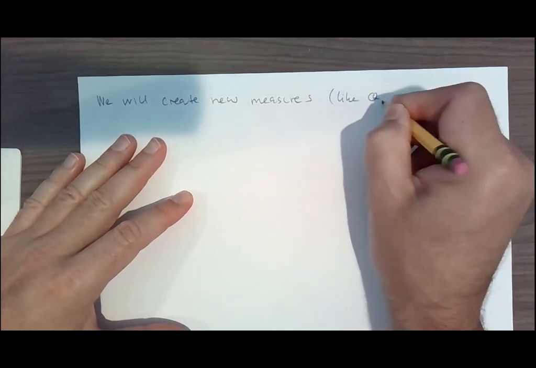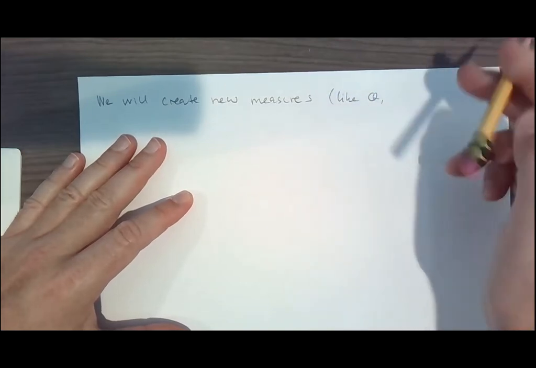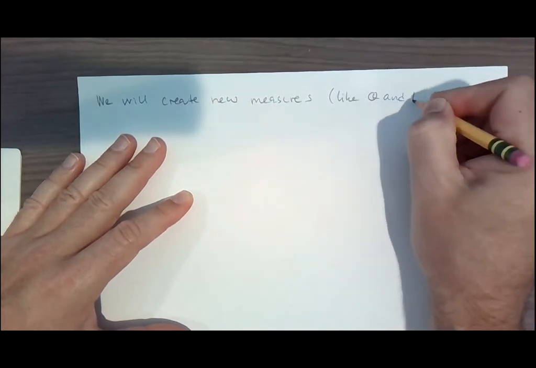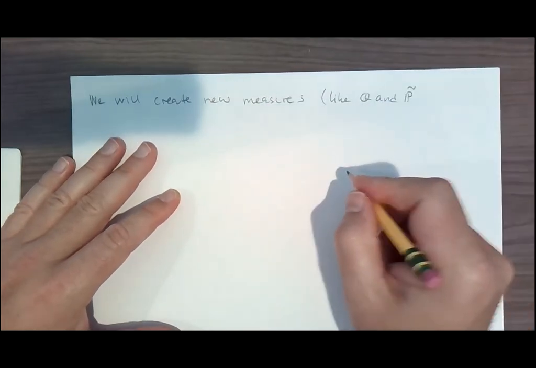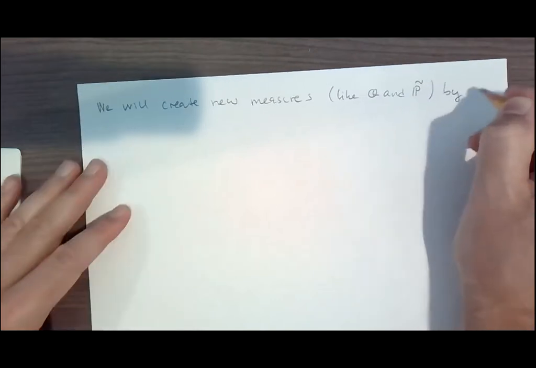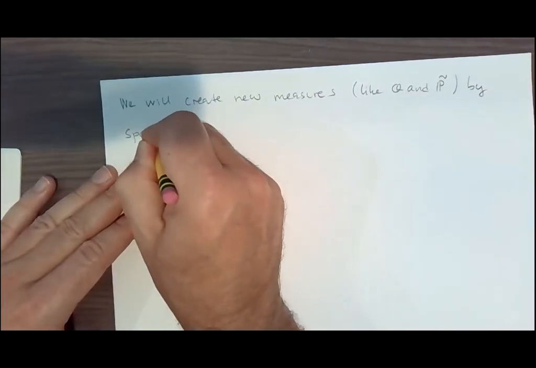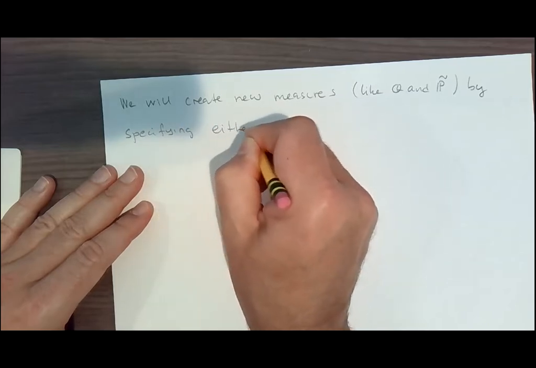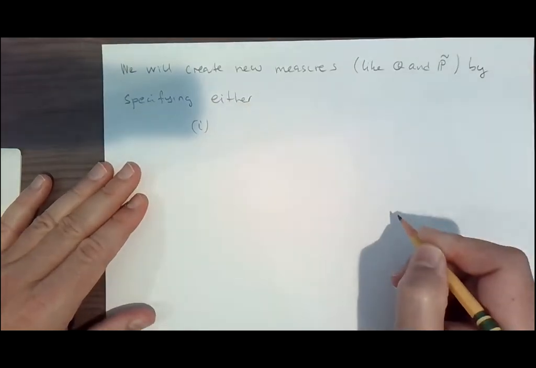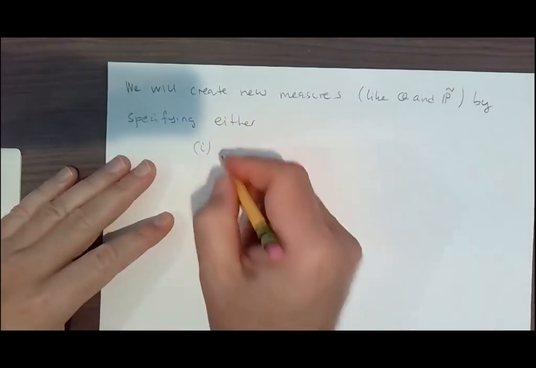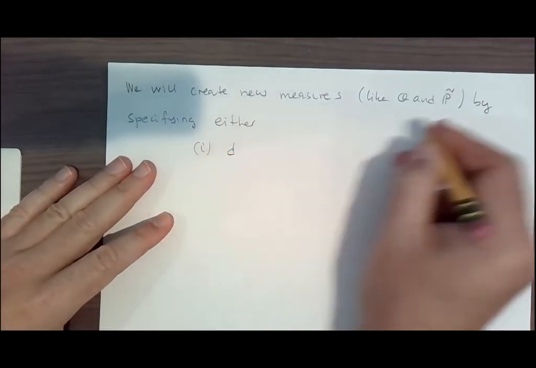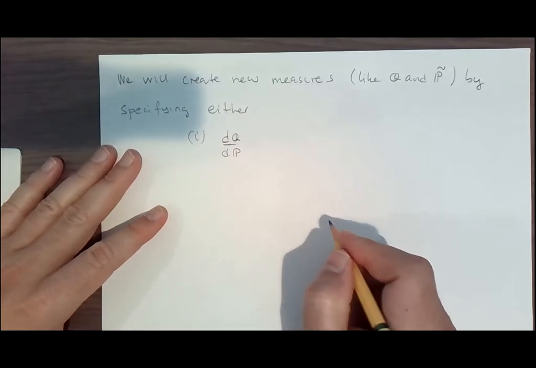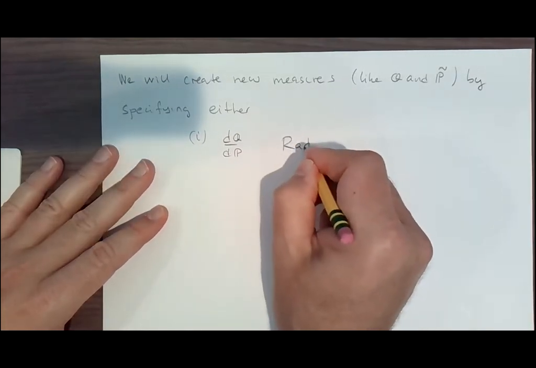So it's like Q. One way that you can do it is you can specify dQ/dP. So this is the Radon-Nikodym derivative.